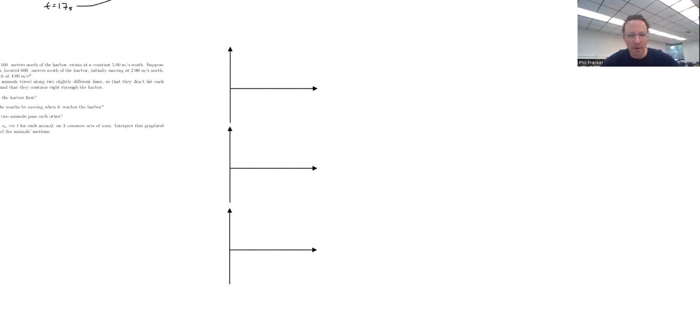Okay, so the bottom graph will be acceleration versus time. The middle graph will be velocity versus time, and the upper graph will be position versus time. And unless you want to put the units down on every tick mark that you make, you should put the units near the variables. So meters per second are the units of velocity, meters per second squared are the units of acceleration.